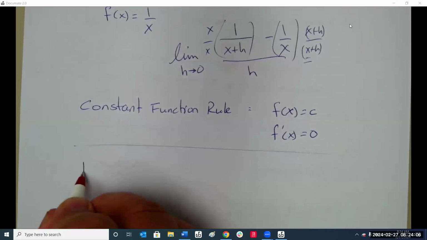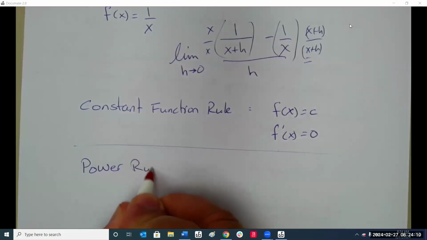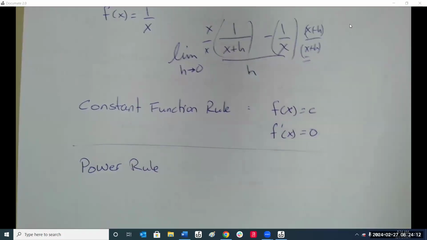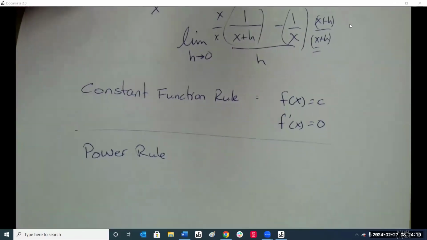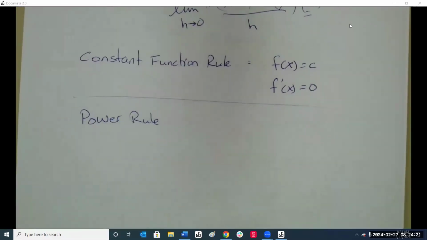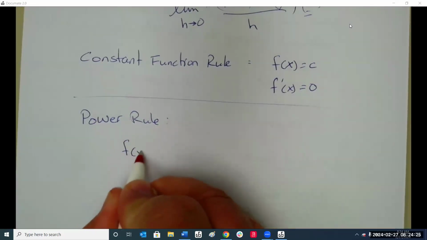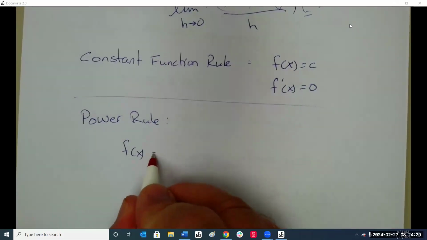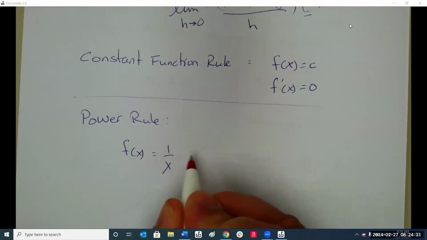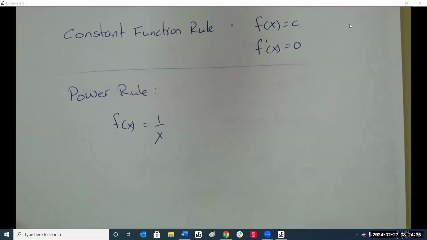Now we're going to look at something called the power rule. That is our second one. We just saw, we didn't finish it, but we know what's supposed to happen in there.